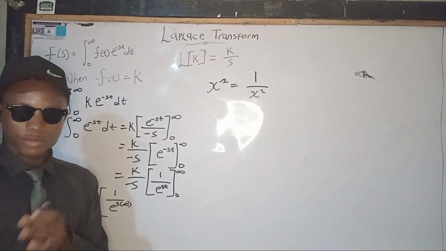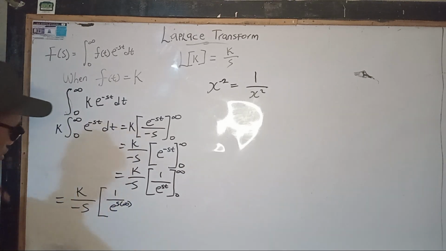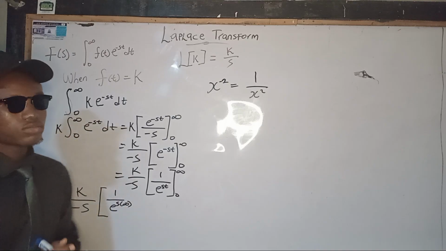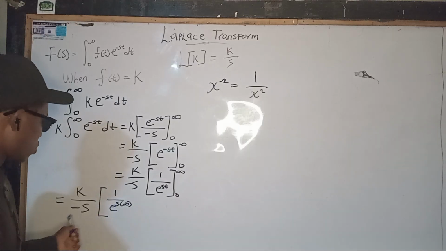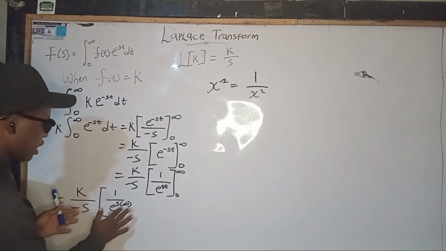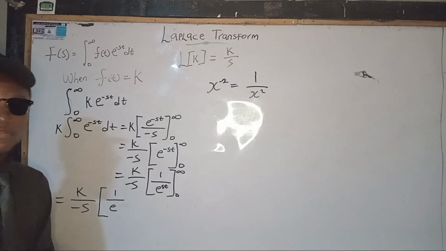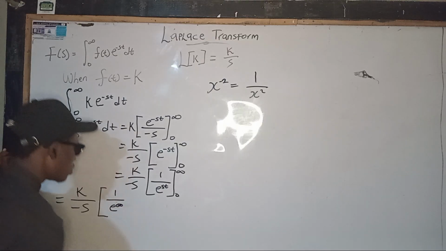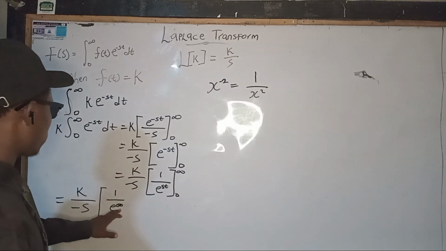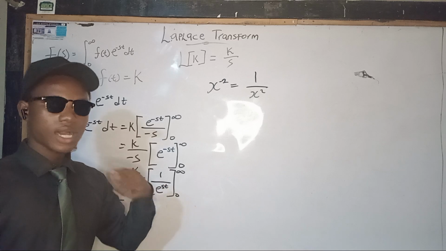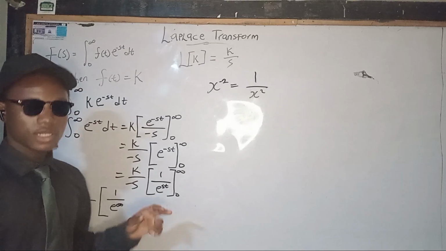Whatever is multiplied by infinity will also give you infinity, unless it's something like zero, that's when it gets out of hand. So s times infinity, I'm just going to save you the stress and write it as e raised to power infinity. You might have seen it in some textbooks: they just put the infinity value here, ignoring the fact that s was actually there initially. The reason is that s multiplied by infinity is equal to infinity.